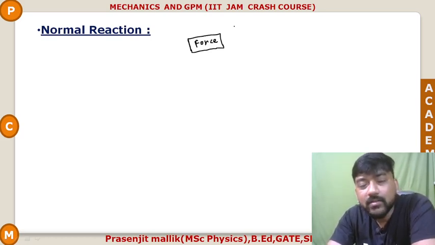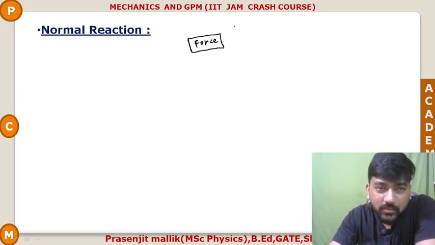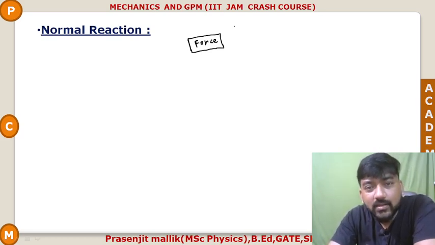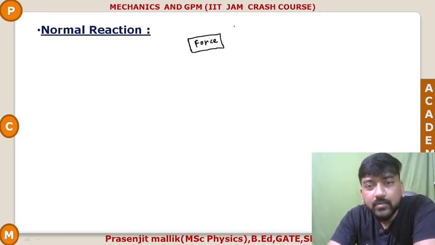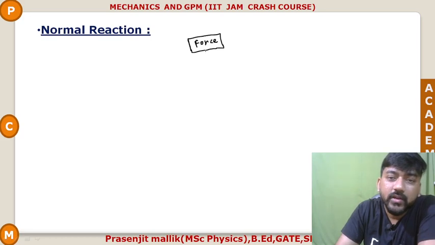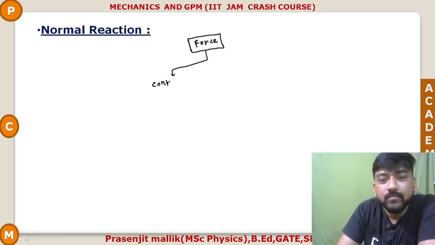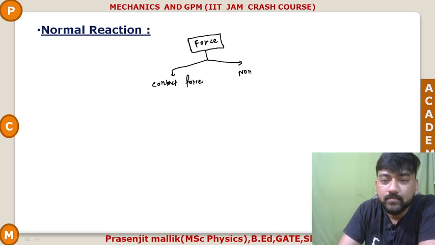Mainly here we will study gravitational interaction and electromagnetic interaction, because this is not a discussion of modern physics or particle physics. This is mechanics. So in mechanics we will encounter 2 kinds of force: one is contact force, and another is non-contact force.